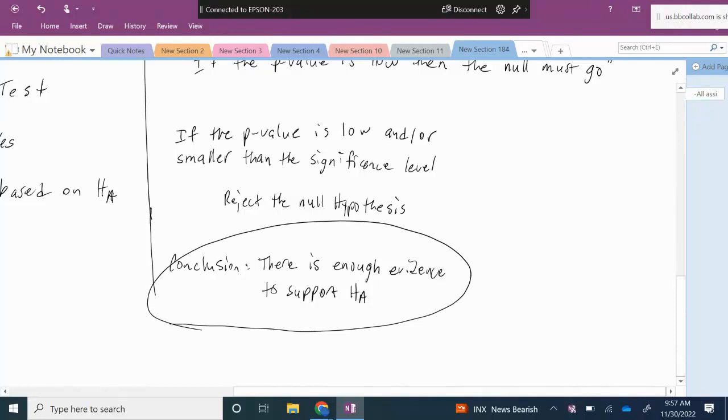Right. So if you reject the null hypothesis, if your p-value is low, or if your p-value is smaller than your significance level alpha, you're going to reject the null hypothesis, and the conclusion is that there is enough evidence to support the null hypothesis.